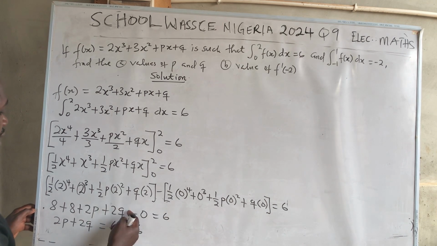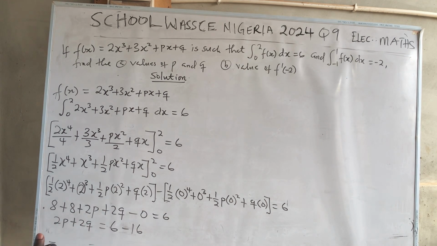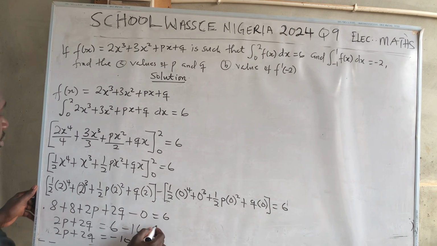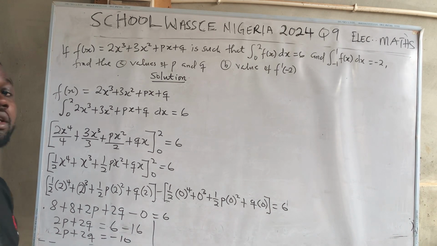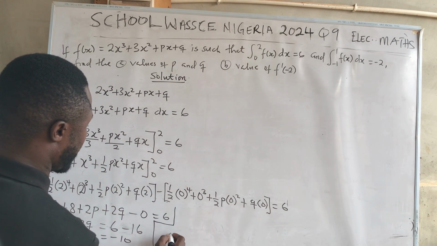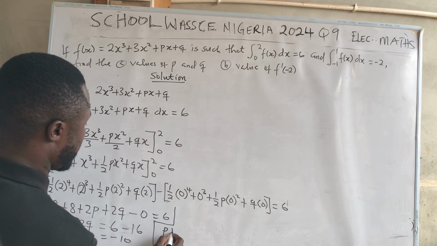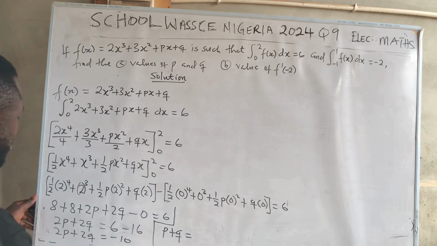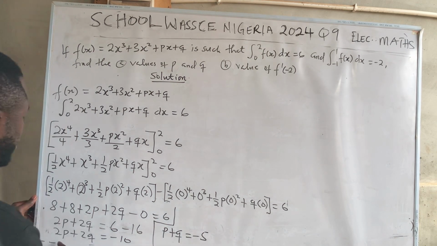So 6 minus 16. So what are we going to have here? We have 2p plus 2q to be equal to 6 minus 16 will be negative 10. So we have 2p plus 2q to be equal to negative 10. We can reduce this. So we have p plus q to be equal to negative 5 by dividing through by 2.